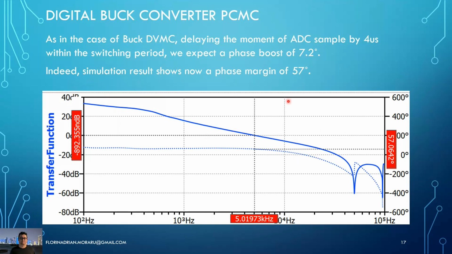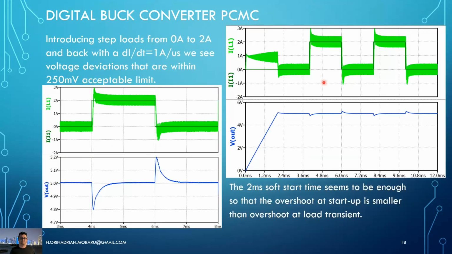So that means from 50 degrees, we expect to have 57 or close to this value. And indeed, the simulation result reveals that we have 5 kilohertz now as the cutoff frequency, and we have 57 degrees. So in the end, the theory is confirmed.